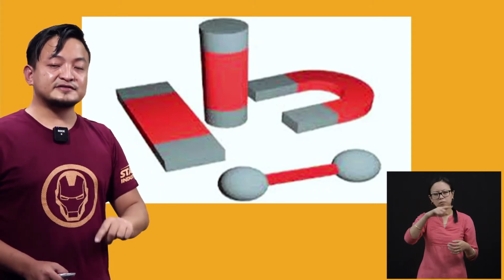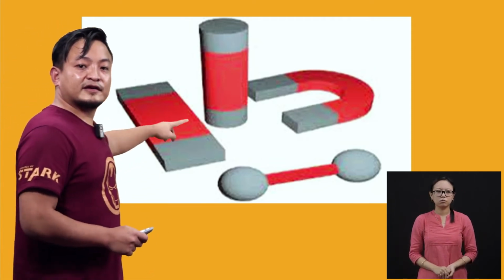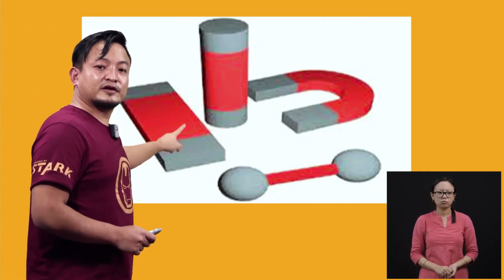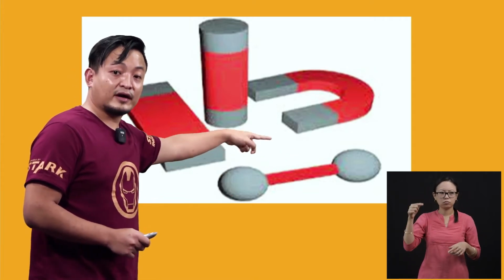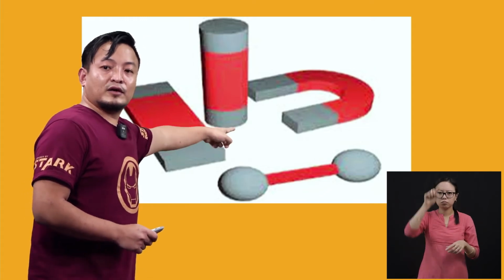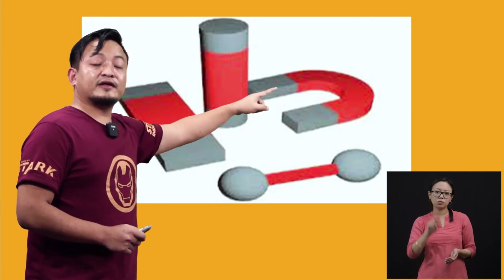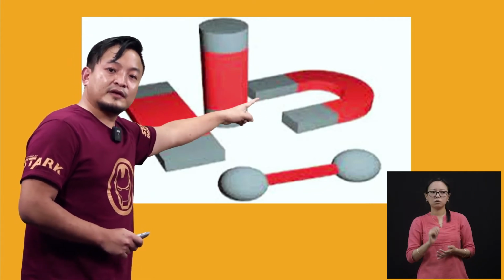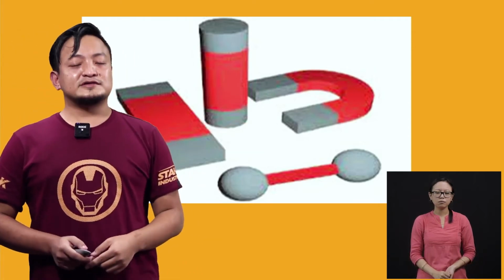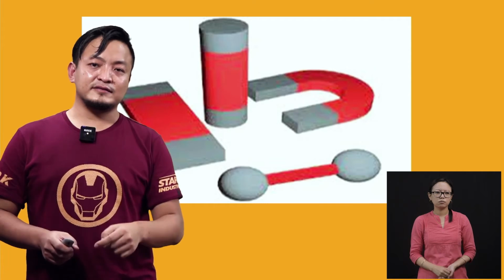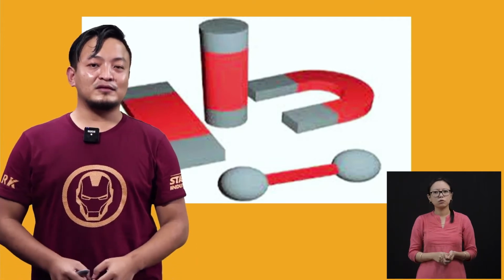Just like here we have one pole here, another pole here, one pole here, another pole there, one pole here, another pole here in this cylindrical magnet, and even in the horseshoe magnet, we have two poles here. Okay, and now students, if you break this magnet, what will happen to this pole?